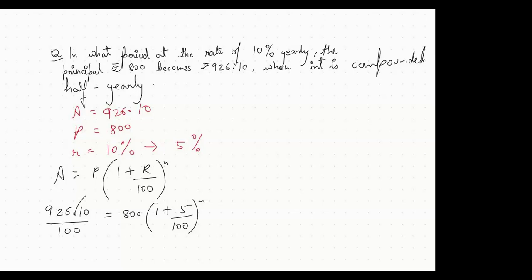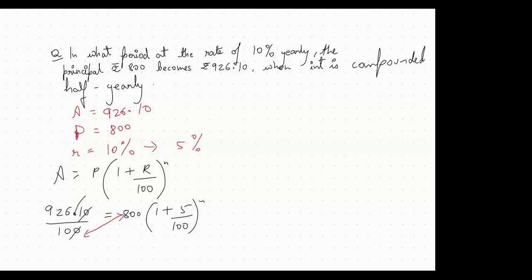Now next step, 10 and 800, I can cross multiply. So it becomes 9261 divided by 10 into 800.